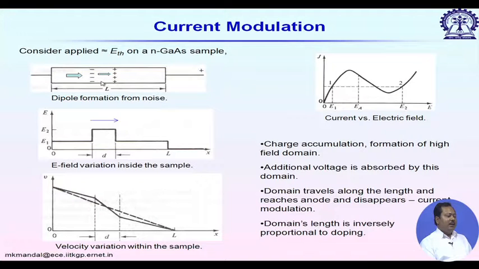So, once it reaches this anode terminal, then suddenly we have high current.